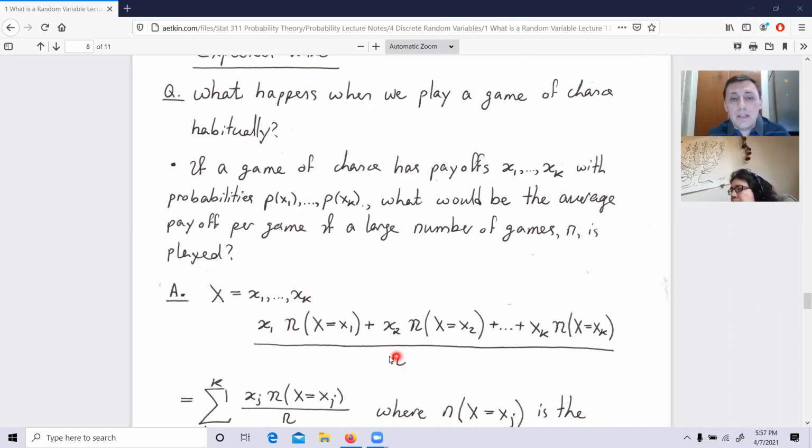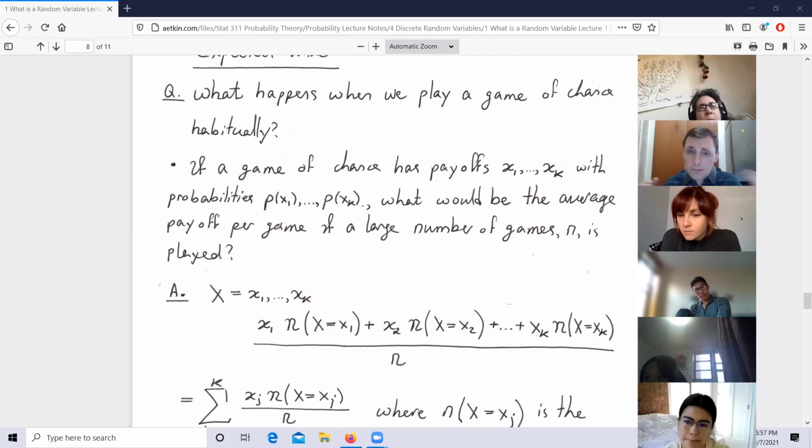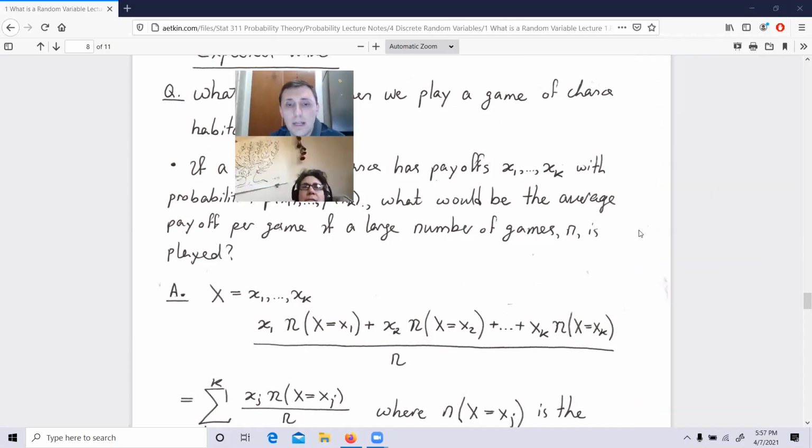You see, if I play n games, some of those games have created payoffs x1. Some of those games have given me payoffs x2, some x3, x4, all the way to xk. Now I can average what's my winning per game, so I played n games, so I divide by n.